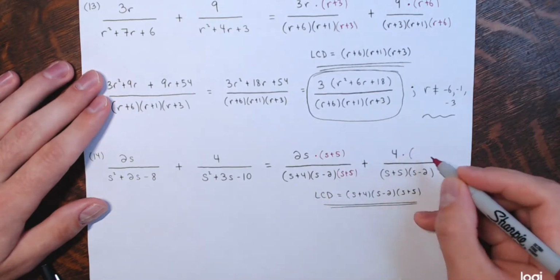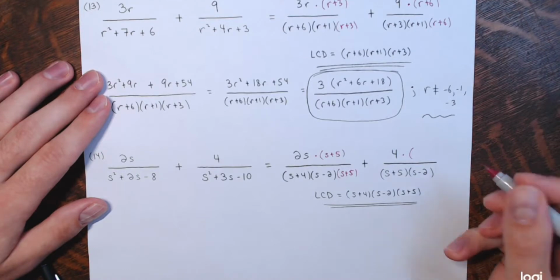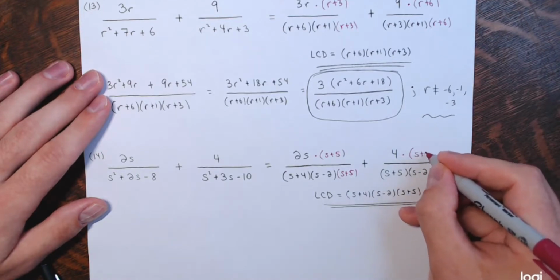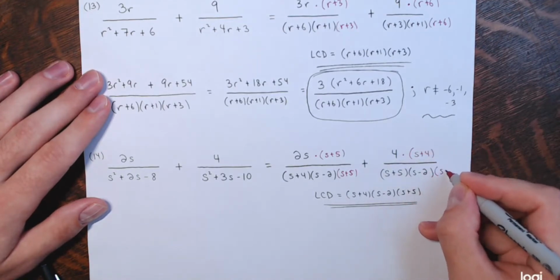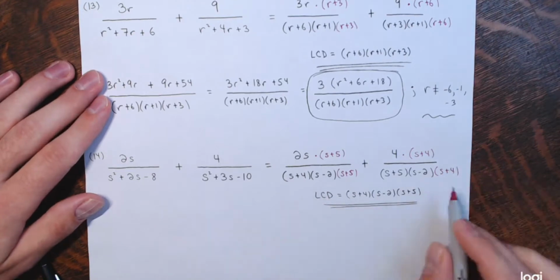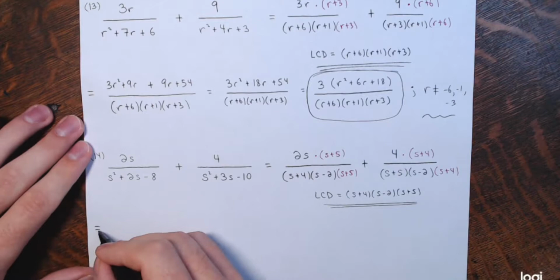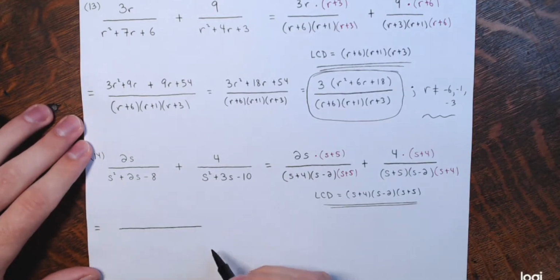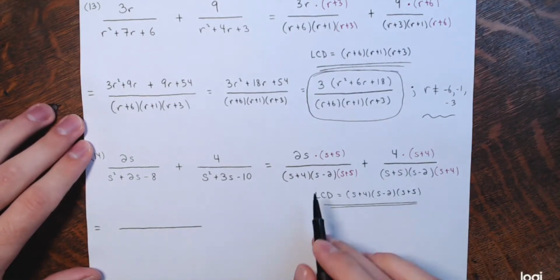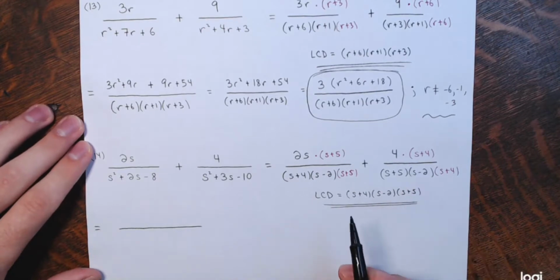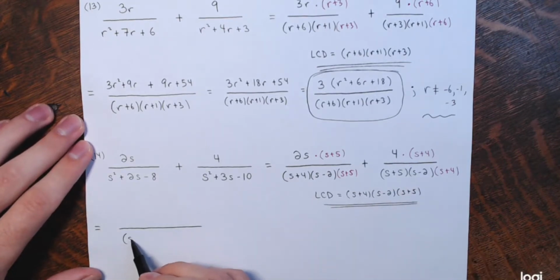Second fraction, I'd have to multiply the numerator and denominator by s plus 4 to get the denominator to be the LCD. And now both denominators are the same. We can add the fractions together, and that LCD will be the denominator of the final sum here, s plus 4 times s minus 2 times s plus 5.